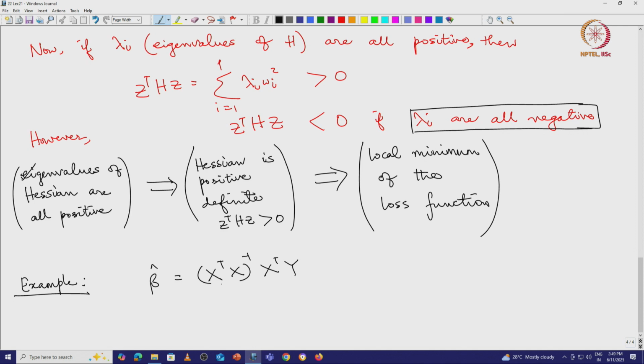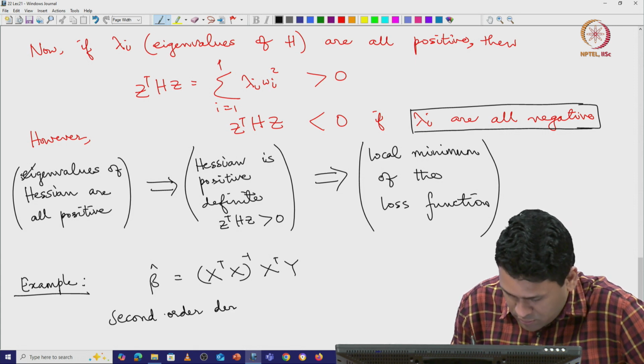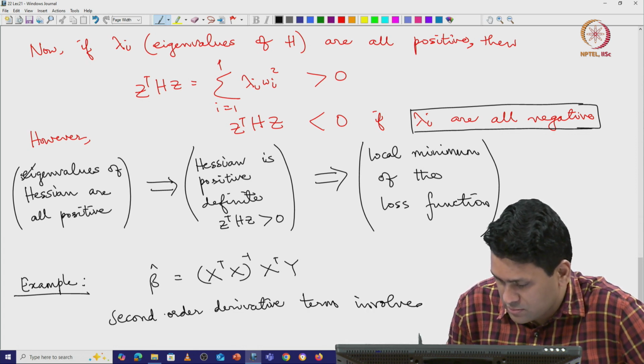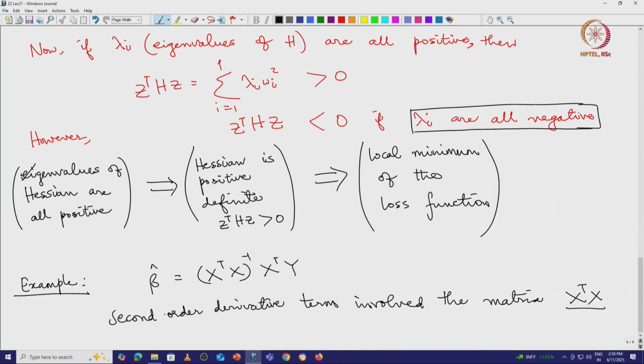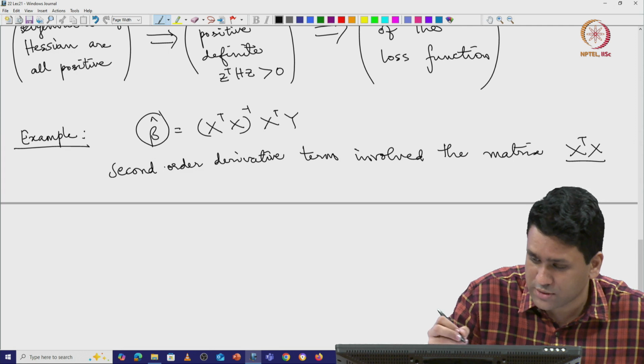And if you also remember the Taylor series expansion, the second order derivative of the loss function with respect to beta involved the matrix x transpose x, and at that point I had remarked that x transpose x is mostly positive definite, and therefore the optimal set of parameters corresponds to a local minimum.